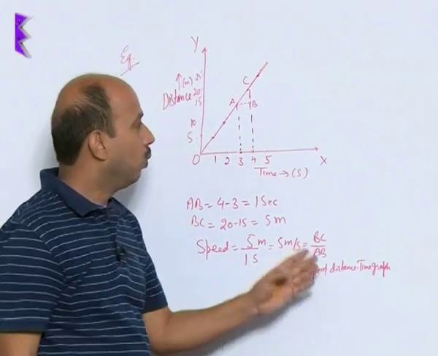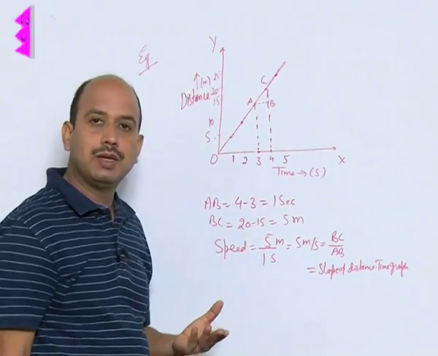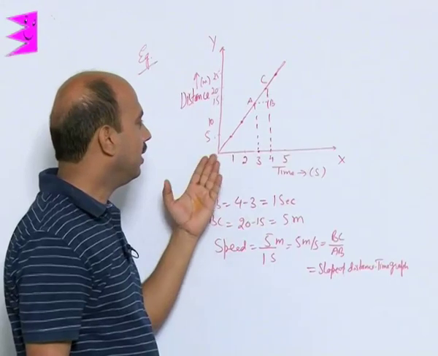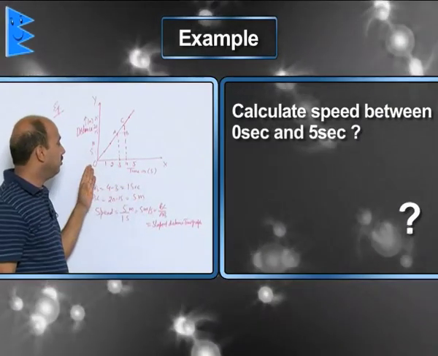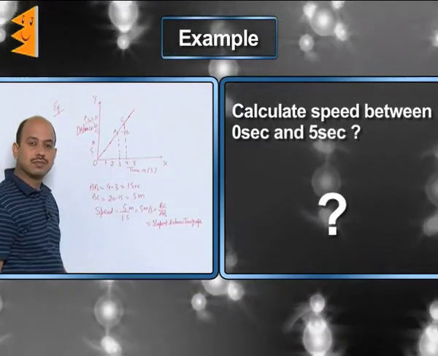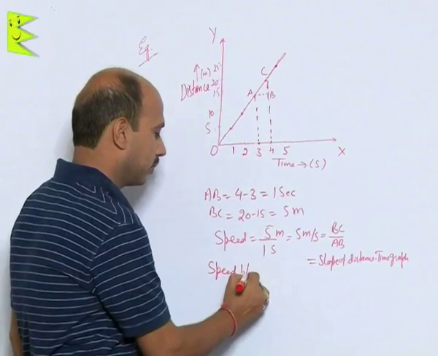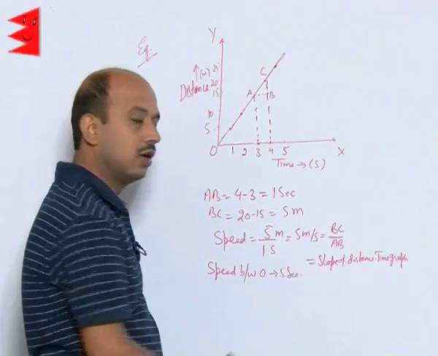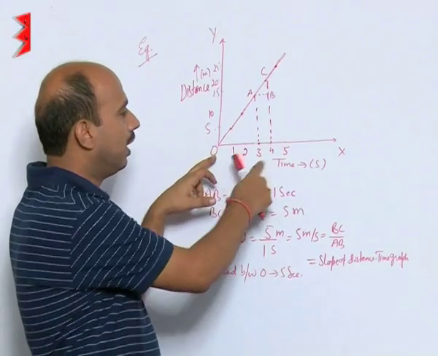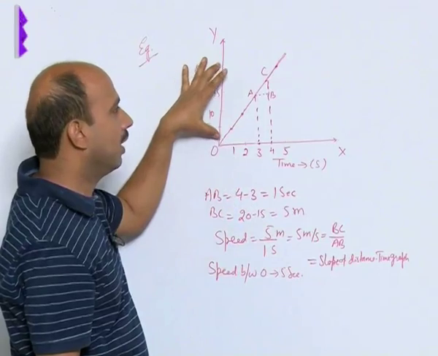Now see here, whatever time interval you take, every time you will be getting constant speed. Suppose I take another example, calculate speed between 0 and 5 seconds. How can we calculate? See, 0 to 5 seconds, total time interval is 5 seconds, total distance is 25 meter.